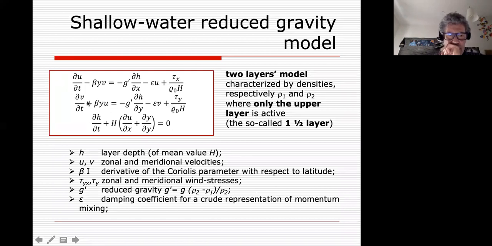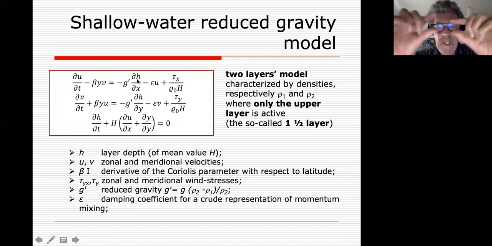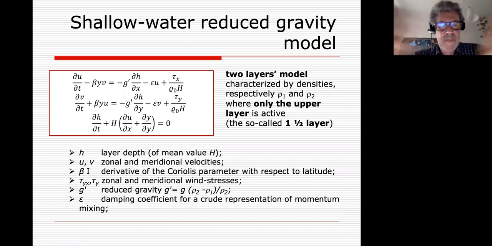As you see here, we have a simplified model where the third dimension is lumped. We integrate the equation vertically, and so H is no longer present here, only in the pressure gradient. H represents the layer depth.